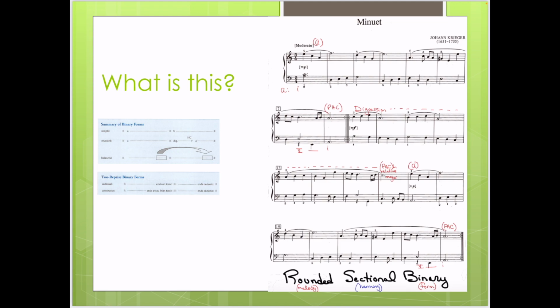I also saw that the cadence point at bar 8 was a PAC in the home key. So therefore, that first section could stand alone. So it's sectional. It's going to be a sectional binary form, not a continuous. But then something happens when we get to bar 9 with the melody.